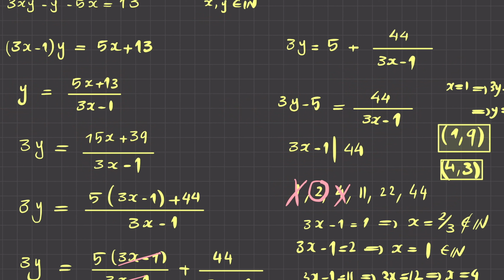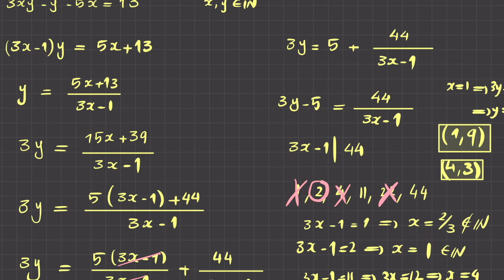Yes. And finally, you will see that this is not acceptable anymore because 3x minus 1 equals 22. x is not a natural number. And finally 44 is also acceptable. Why? Because 3x minus 1 equals 44 means that 3x is equal to 45 and then x is 15.